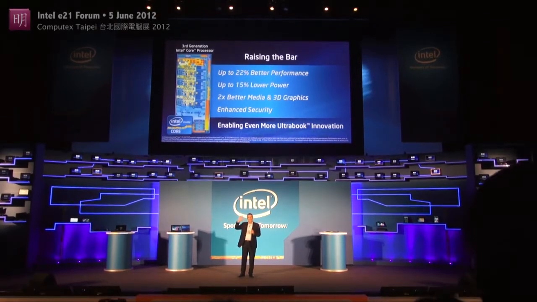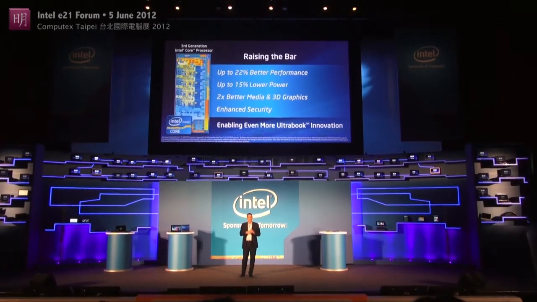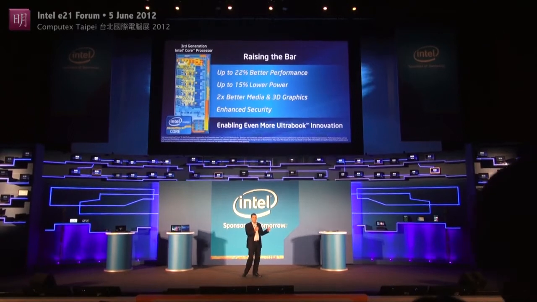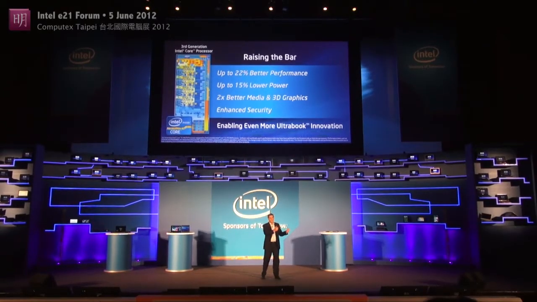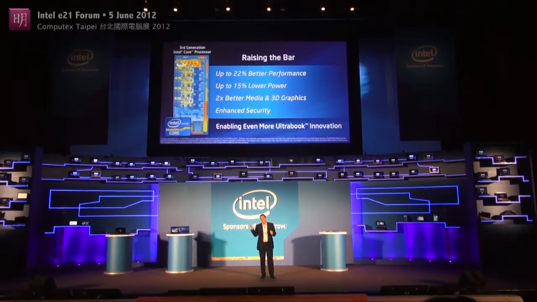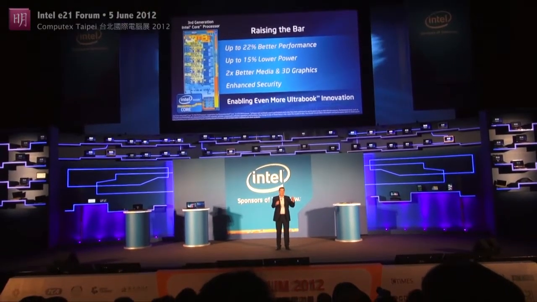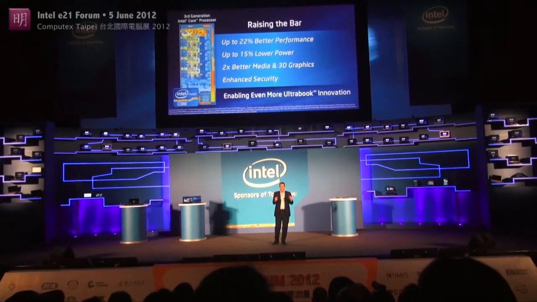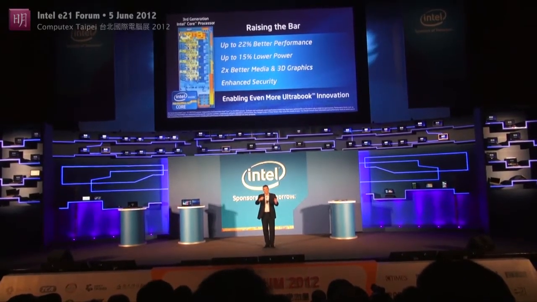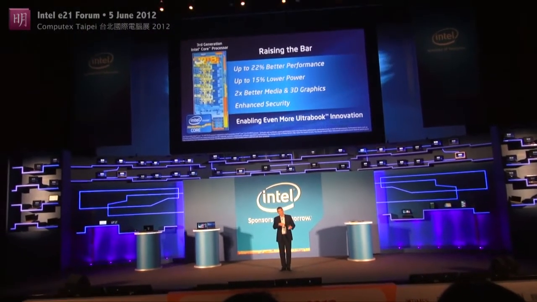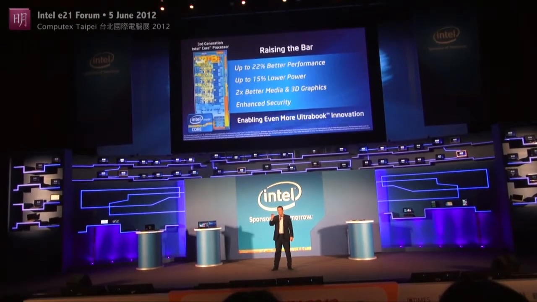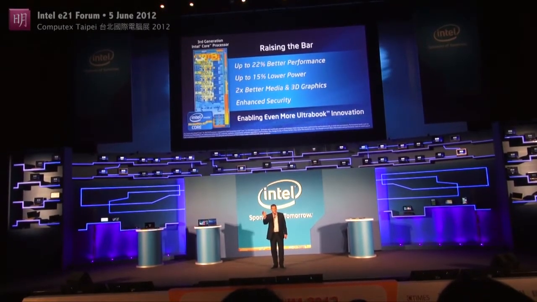And what this slide shows is a comparison of the prior generation, second generation core, Sandy Bridge, to third generation core. And you can see, as you'd expect, this is, by the way, in the Intel vernacular, tick-tock. This is a tick. It's an improvement in process technology, although in this context, we would probably call it a hop.